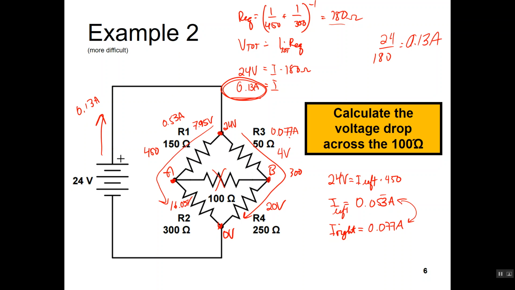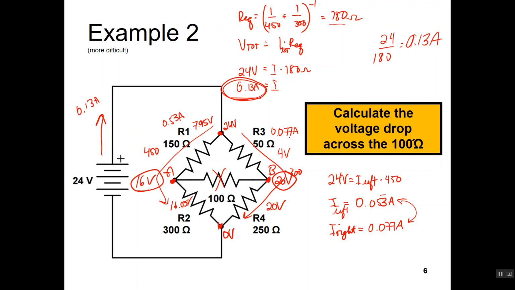Exactly, 16.05 volts is the voltage remaining at point A. And what about point B? 20 volts. Okay, well, let's stick with 20. And here I'll stick with 16 just for argument's sake.